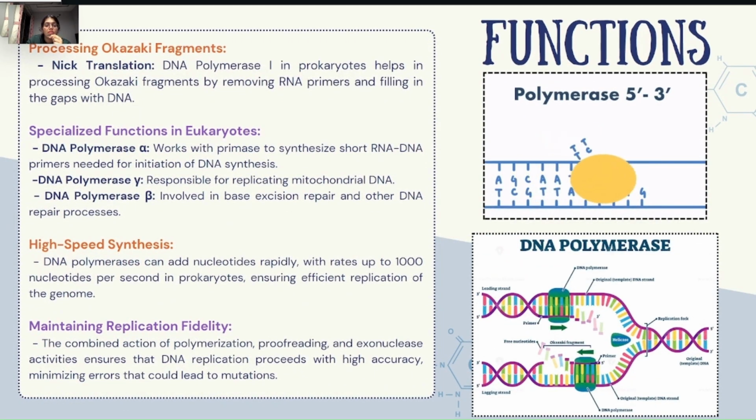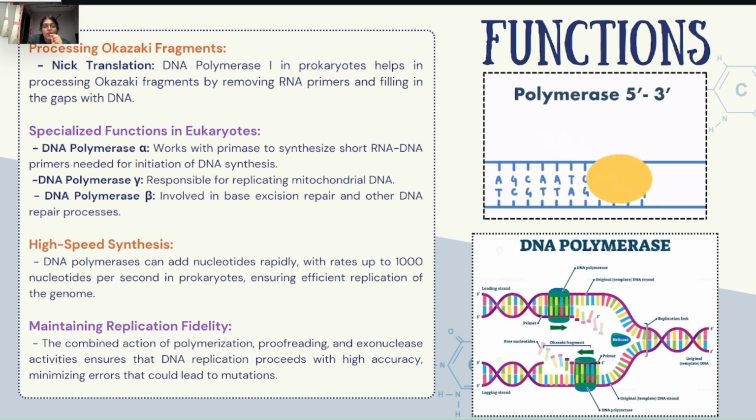This is majorly done by removing the RNA primers and filling in the gaps with DNA. Then we have specialized functions seen in eukaryotes: DNA polymerase alpha works with the primase and initiates the DNA synthesis.